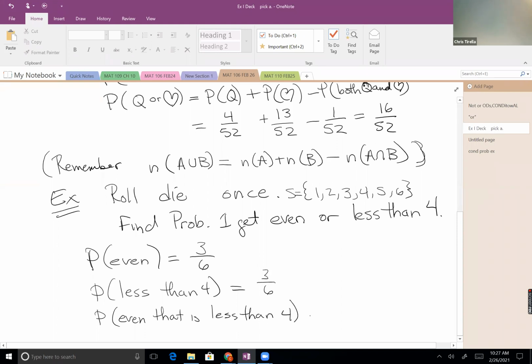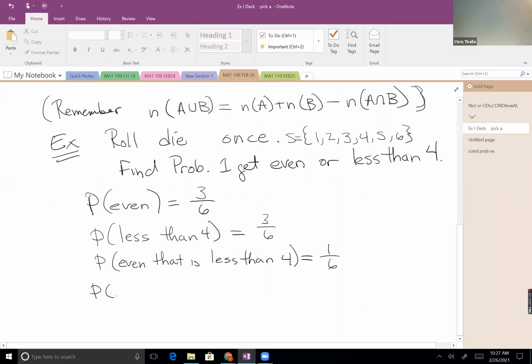So how many of the numbers less than 4 are even? 1. So the probability that it's even or less than 4 would be 3/6 plus 3/6, but then we have to remember to subtract the overlap. Nothing counts twice. And so my final answer would be 5 out of 6.